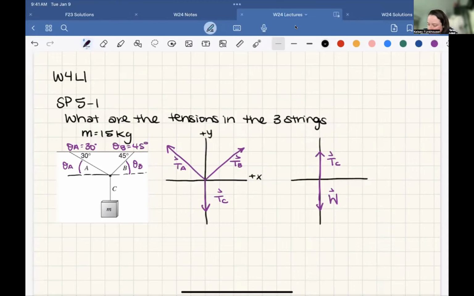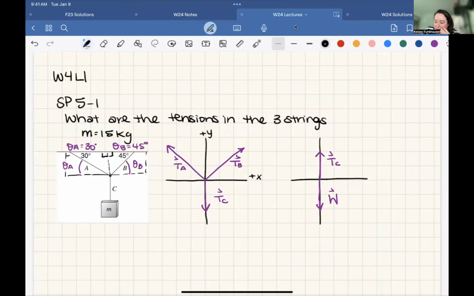And just really briefly, I don't want us to get off track, but I also don't want people to get stuck on this. You can see this from the relationship between angles in a triangle. Because these are right triangles, this angle here is 90 degrees for both of them.